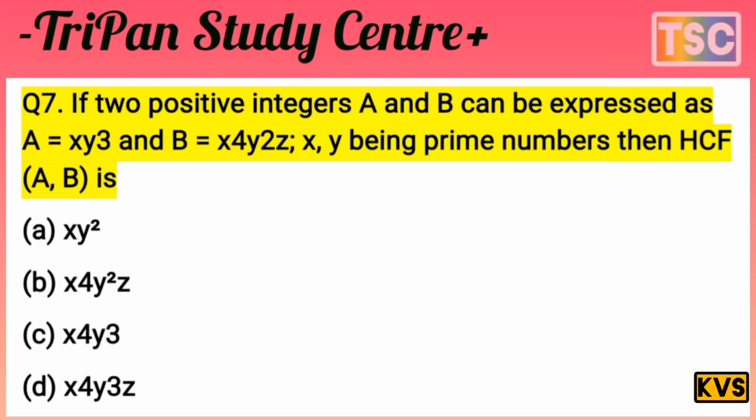It means among options A, B and C, only A has x one time only. For y, b has y^2 but a has y^3 here. It means the highest common factor has y^2. It means option A is correct. Option A is correct. That's important here.